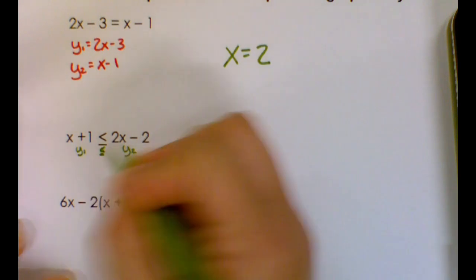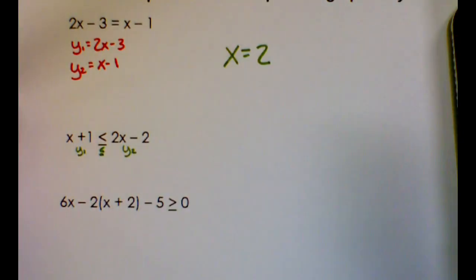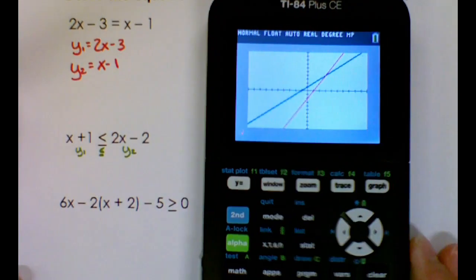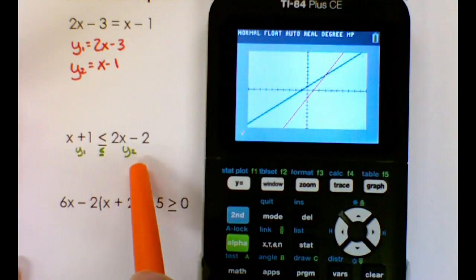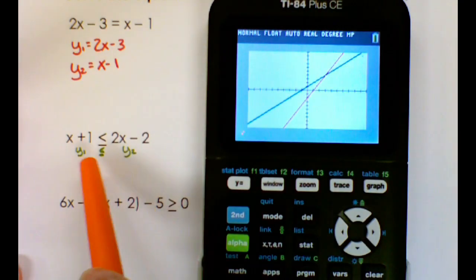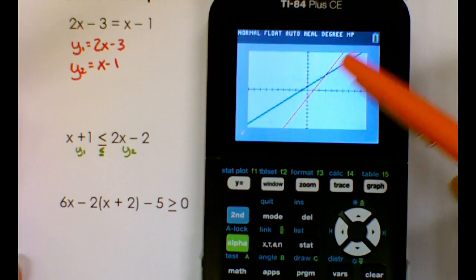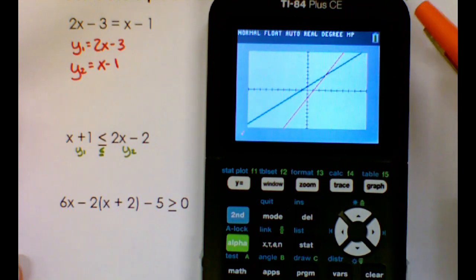I want to know when y1 is less than or equal to y2. Well, according to my color scheme, y1 was blue, y2 is red. So I want to know when blue is less than or equal to red. Well, that means blue is lower than red. Blue is lower than red up here. It starts at this intersection and goes forever.